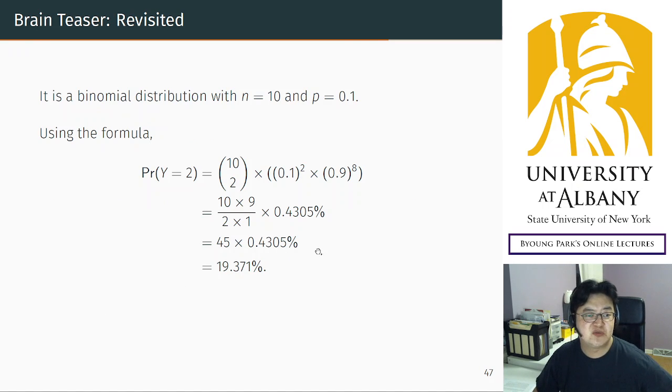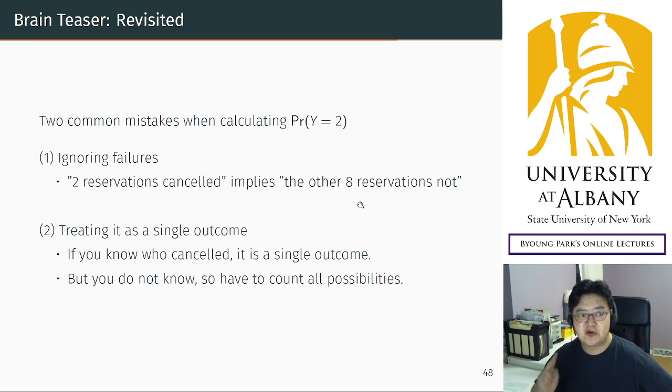So the answer is obtained this way. And I told you there are 2 common mistakes in doing this. The first one is ignoring the probability of failures. Usually when I say 2 reservations are cancelled, you may not think of the other side. Its flip side is that 8 reservations are not cancelled.